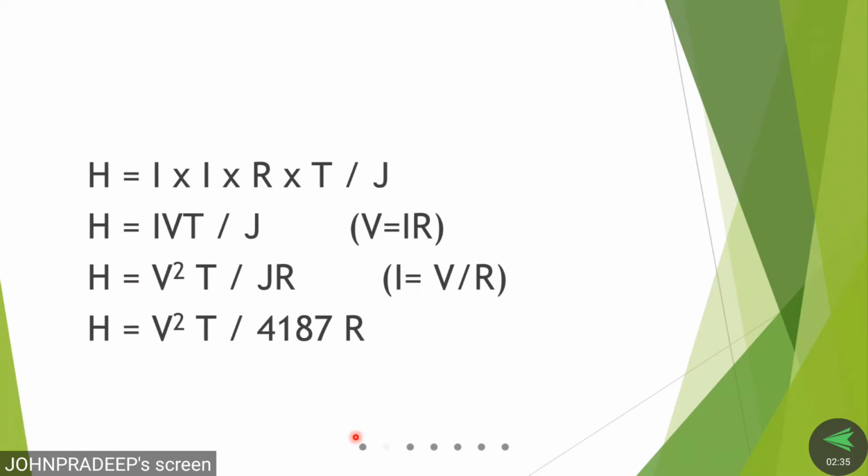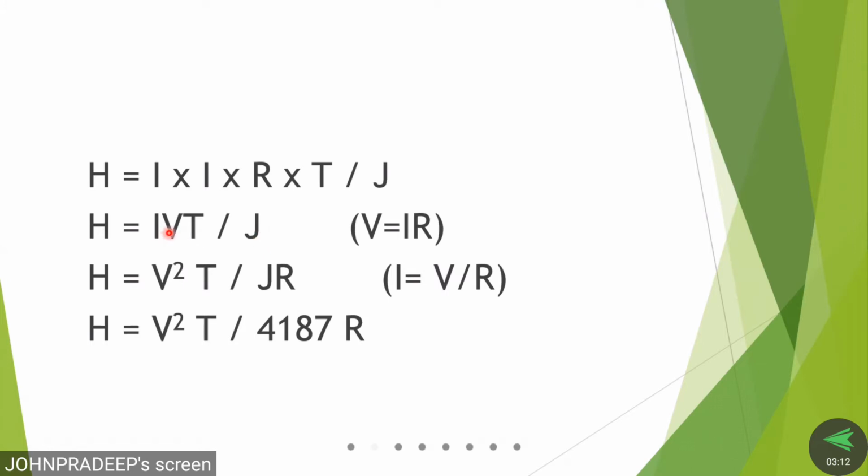H is equal to, instead of I square, we separate it as I into I into T by J. Here one I we can write as V, so we get I into V into T by J. Another alternative: instead of I we can write V by R. Then we substitute the V value in the numerator and the R value in the denominator.